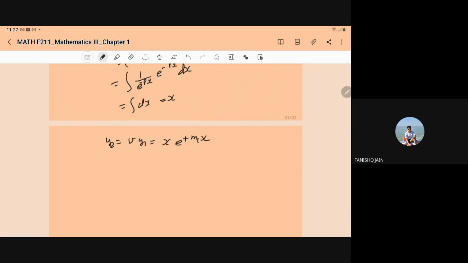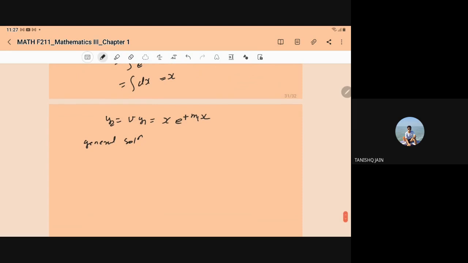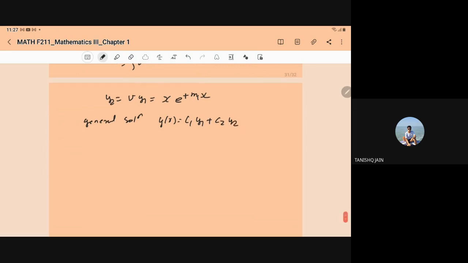So the general solution y(x) is equal to what? c1 y1 plus c2 y2.